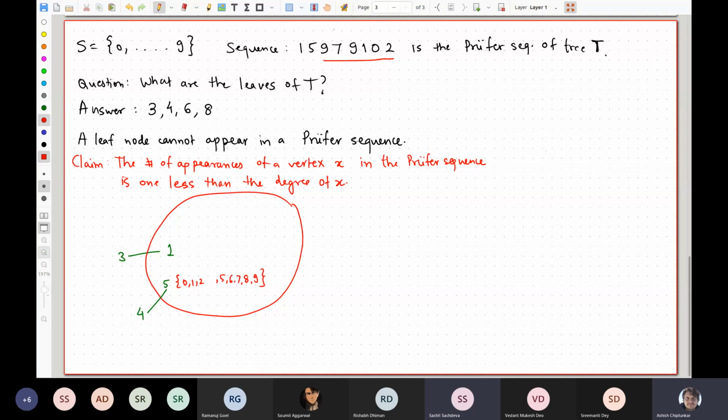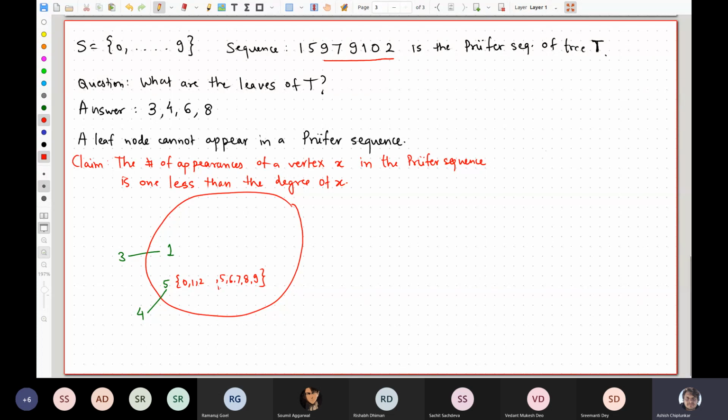Right? So given a prefer sequence and a vertex set, identify a leaf and continue the argument. What is the leaf of this tree in the red circle? What is the minimum numbered vertex that does not appear in this sequence?